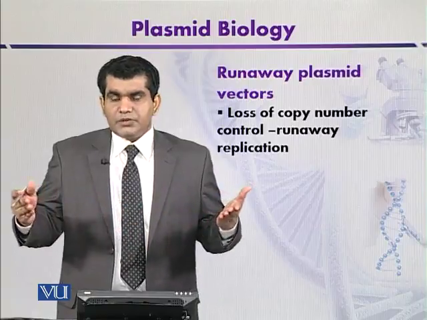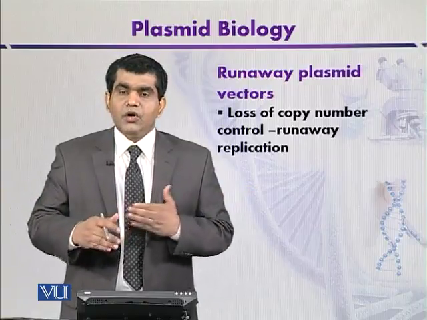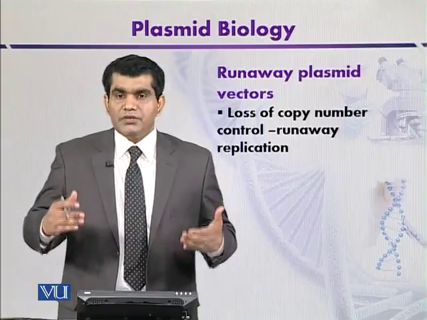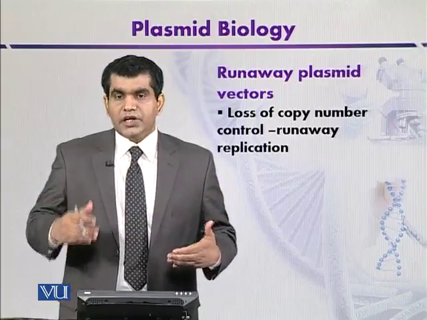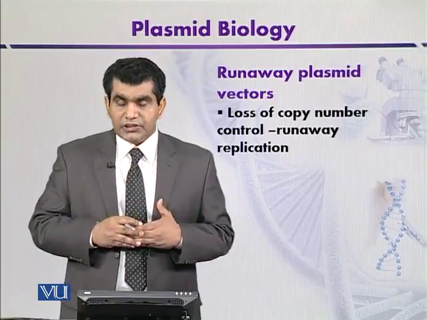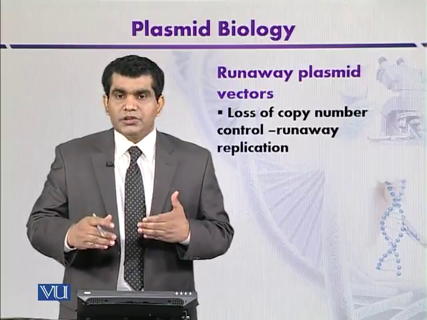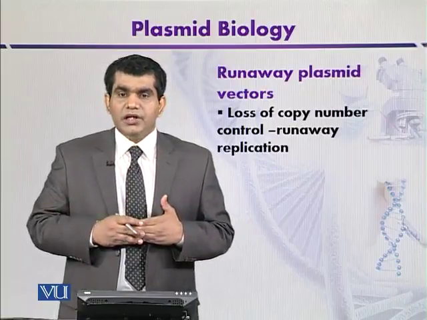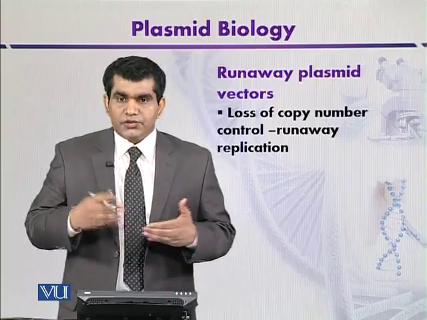There may be different types of natural plasmids that harbor different types of beneficial phenotypic traits, especially antibiotic resistance, that we can use as a selectable marker in gene cloning procedures.